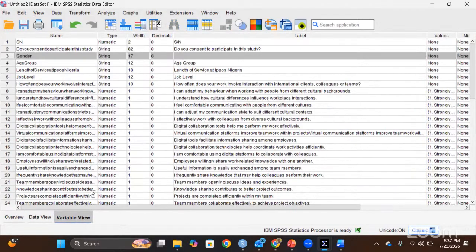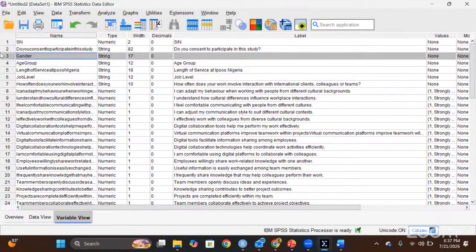Now, on variable view, what do we have? What does variable view tell us? Variable view just tells us the variables that are strings and numeric.